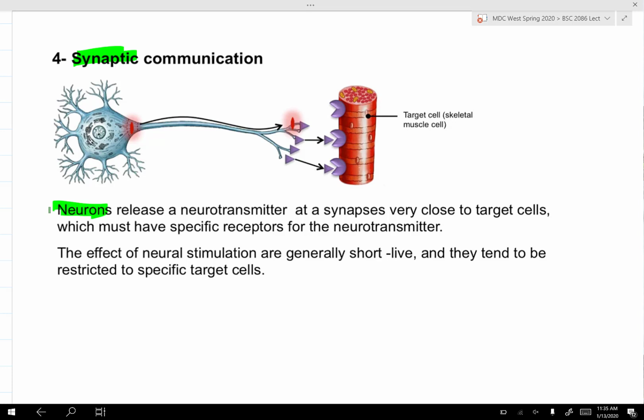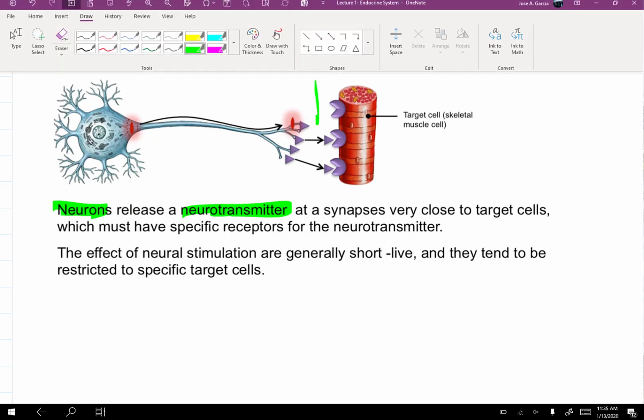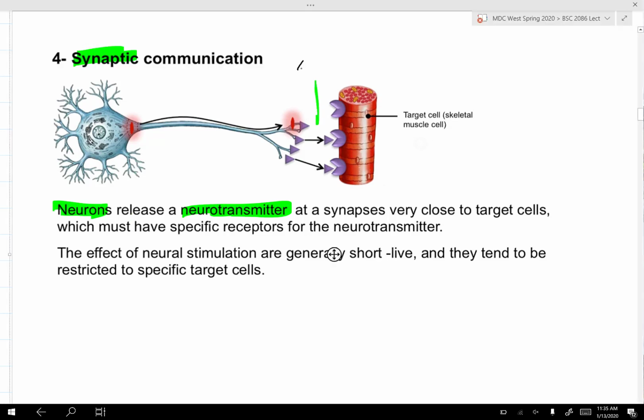So the neurons are going to be releasing what? Neurotransmitters. So it happens at the level of what? This area here is called a synapse, right? So that's why we call it synaptic communication. A synaptic communication requires neurotransmitters, okay?